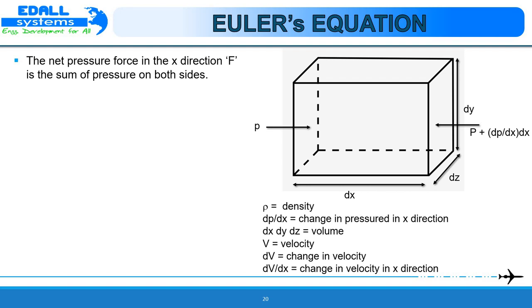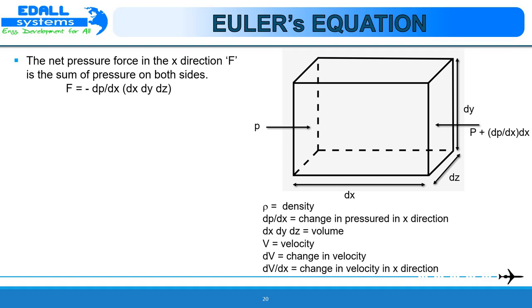The area of the right face is also dy dz. Hence, the force on the right face is P plus dp/dx dx, times dy dz. This force acts in the negative x direction. The net force in the x direction, F, is the sum of these two. So F equals negative dp/dx times dx dy dz.